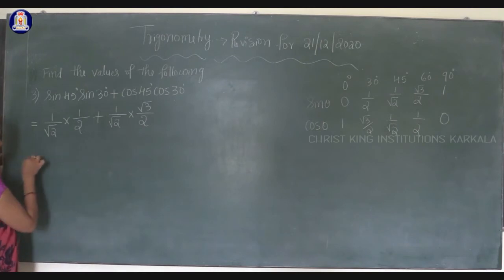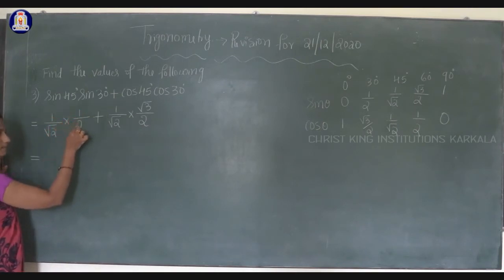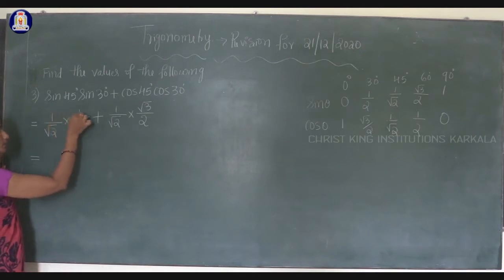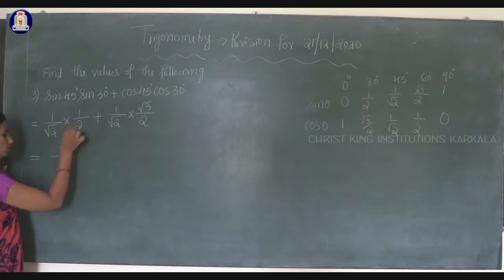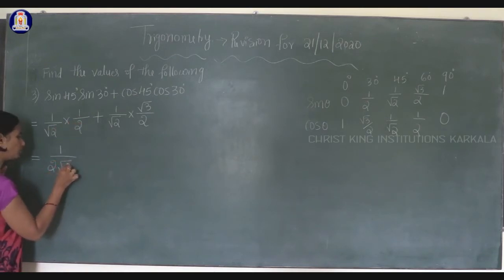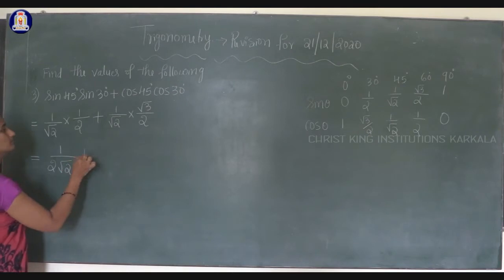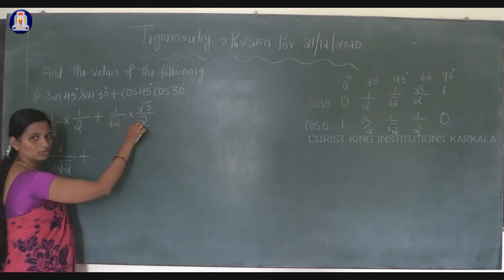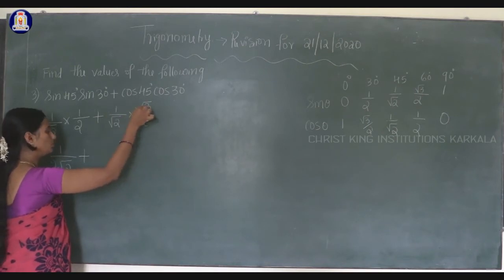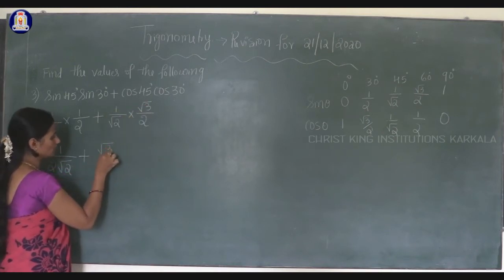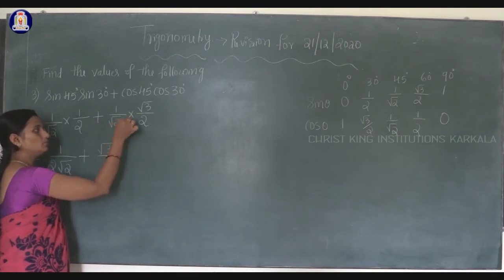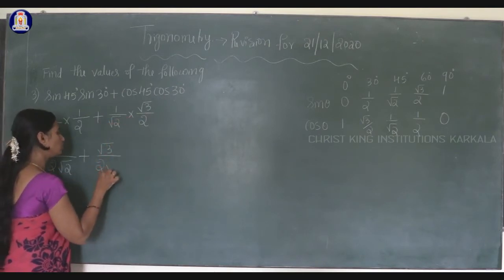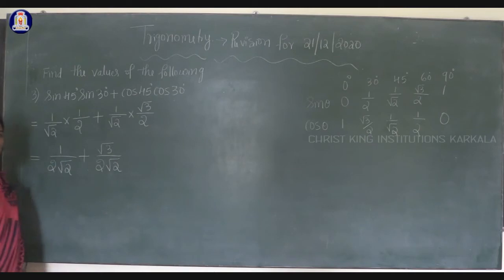Correct, no? Yes, which is equal to 1 by root 2 into 1 by 2. So 1 into 1 is 1, divided by root 2 into 2, which is 2 root 2, plus 1 by root 2 into root 3 by 2. So it is 1 into root 3 is root 3, divided by root 2 into 2, which is 2 root 2.